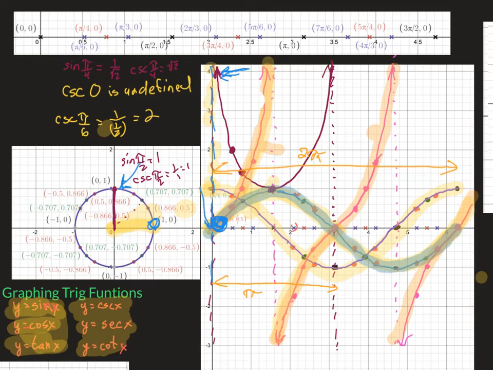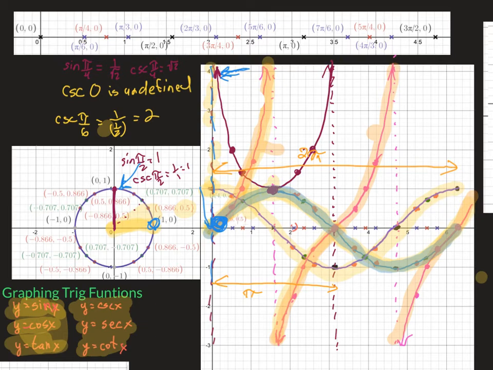Okay, so it's going to go through about there, this goes through about there, that's about right. You guys should remember from our reciprocal function section earlier that when a function equals 1, its reciprocal also equals 1.